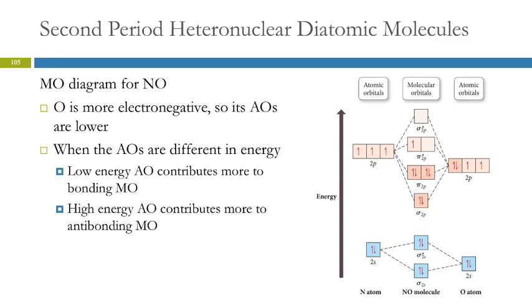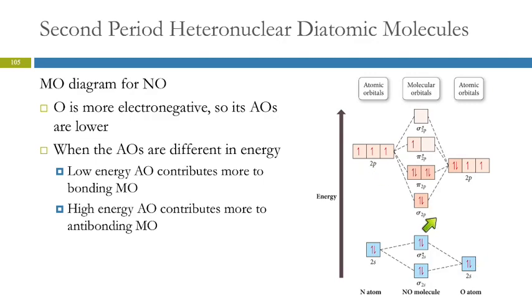What about heteronuclear diatomic molecules in the second period? So hetero means different. So here you have 2 different elements bonding. So here's one of my favorite molecules again, NO. We've got oxygen and nitrogen. Oxygen's more electronegative. So that means that its atomic orbitals are going to be a little bit lower in energy than the nitrogen.